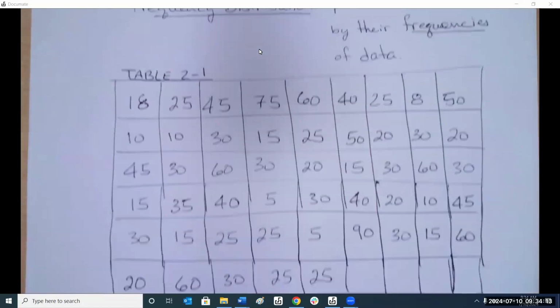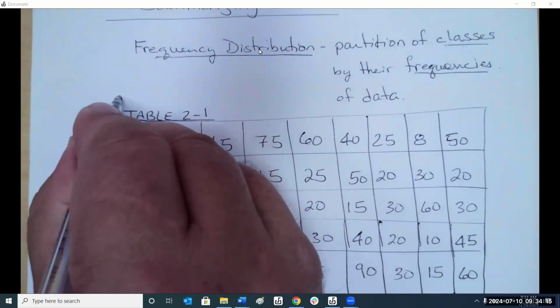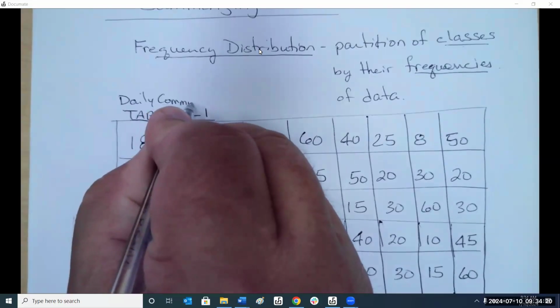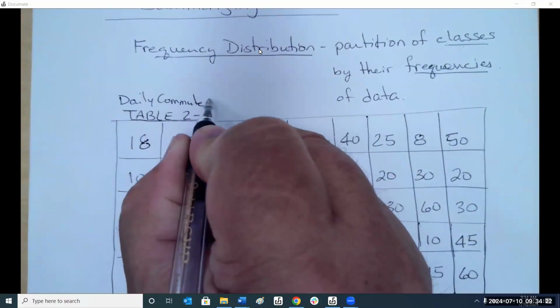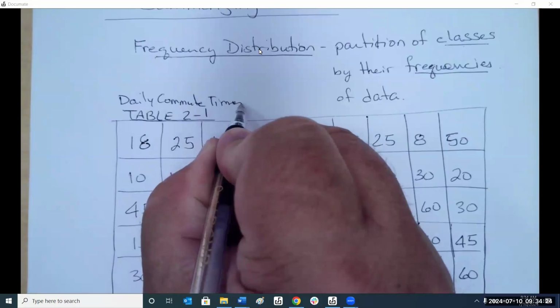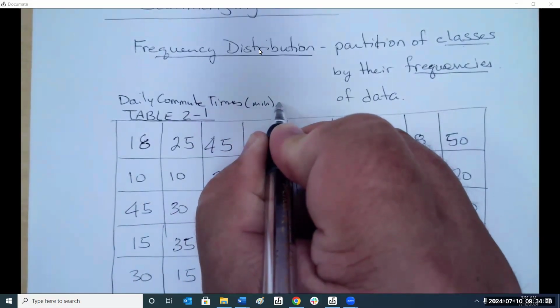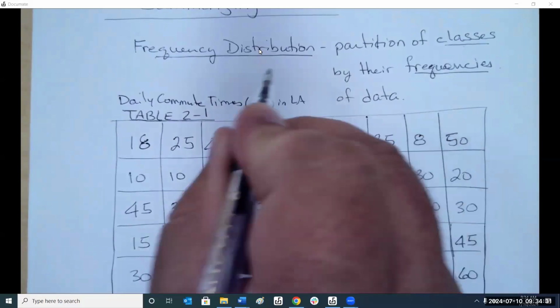This data set represents daily commute times in minutes in LA.